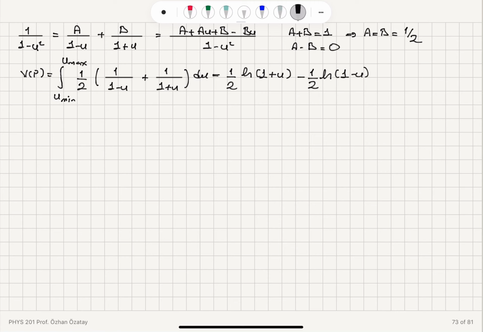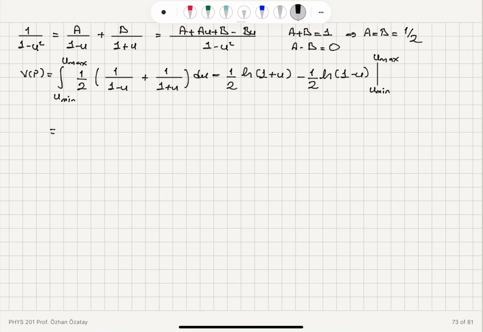Why minus? Because we have a minus sign here. If you take the derivative of this with respect to u, you will obtain minus 1 over 1 minus u. So we introduce this minus sign to get plus 1 over 1 minus u. And this will be evaluated between u minimum and u maximum, which we need to determine.